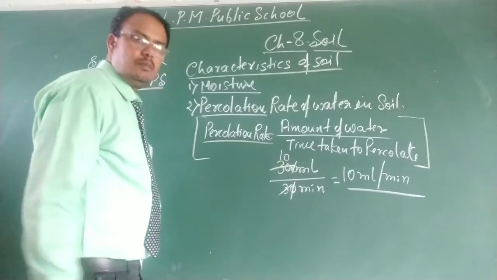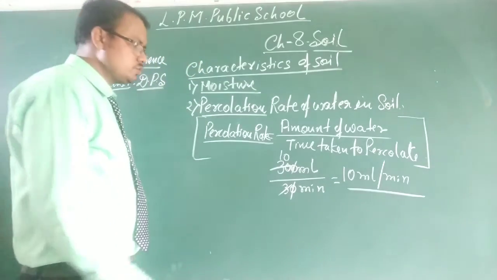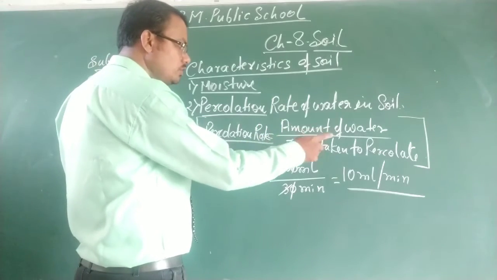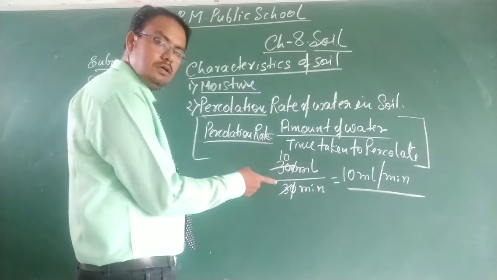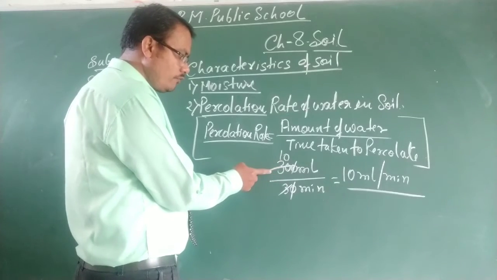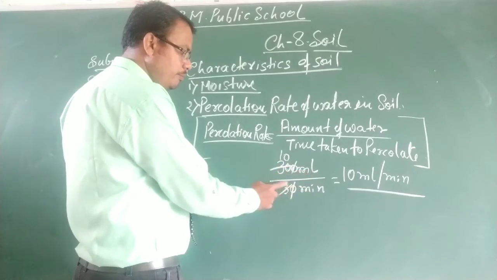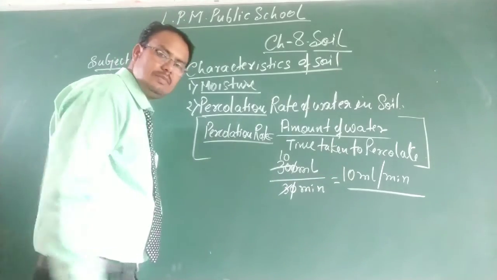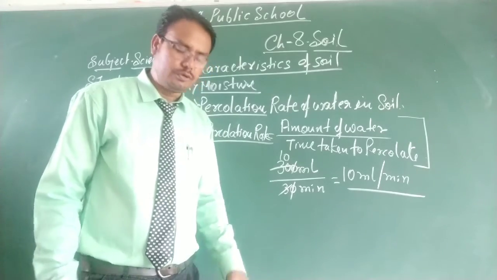This is the percolation rate. Understood? The formula is amount of water divided by time taken to percolate. Divide the amount of water by time taken and you get 10 ml per minute. It means in 1 minute it absorbs 10 milliliter of water.